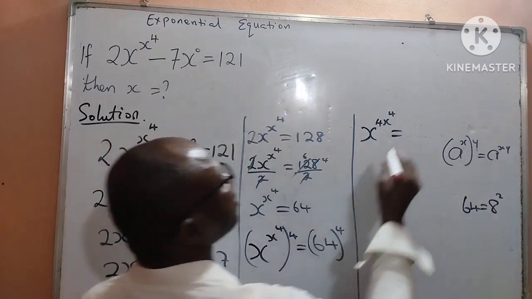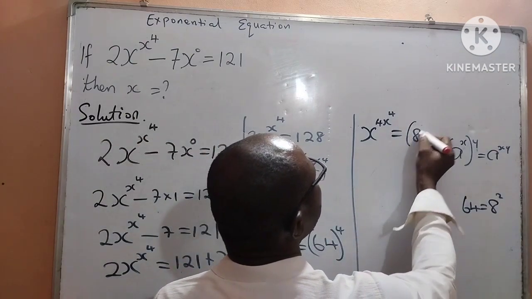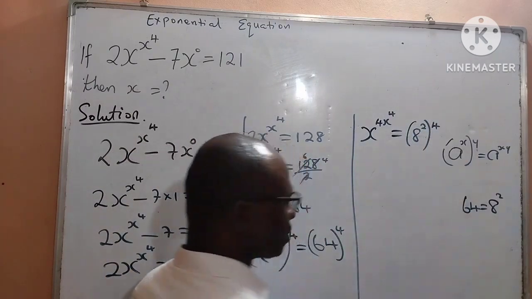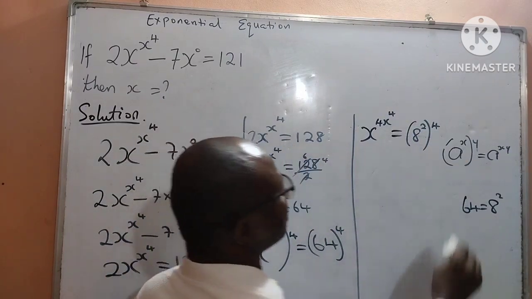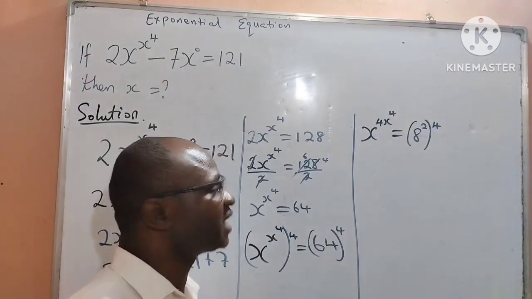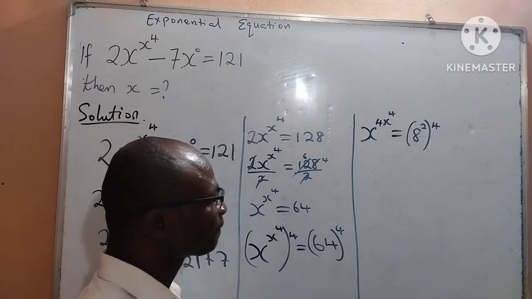Therefore, I write my 64 inside the bracket as now 8 to the power of 2, then to the power of 4. Beautiful. All these are to achieve something and get the value of x, which is our target.